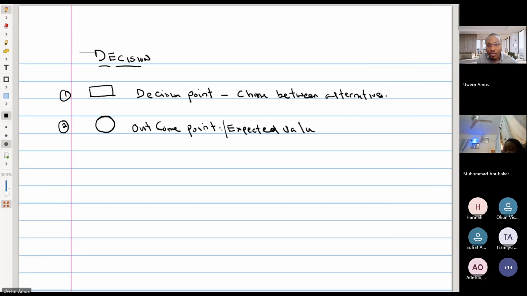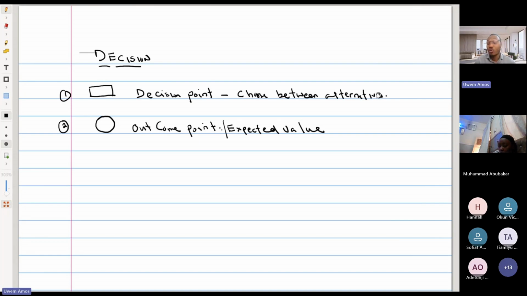Now, because the future is uncertain, you could have more than one possible expected outcome. And each of these possible outcomes would have some level of probability attached to it.